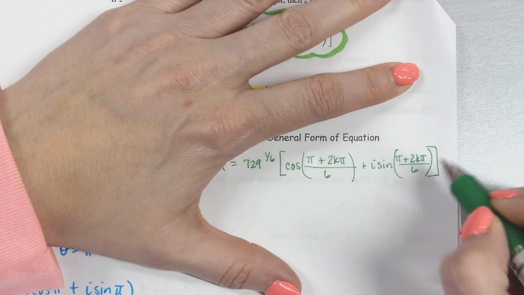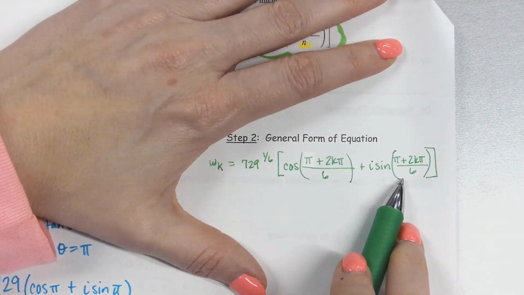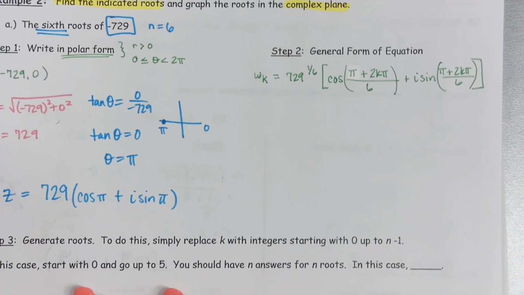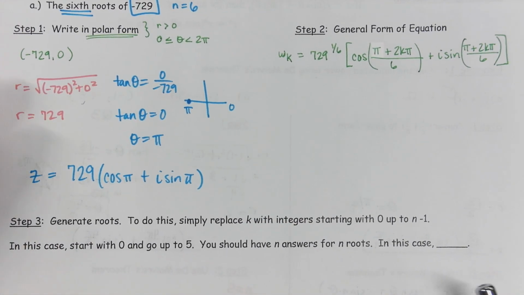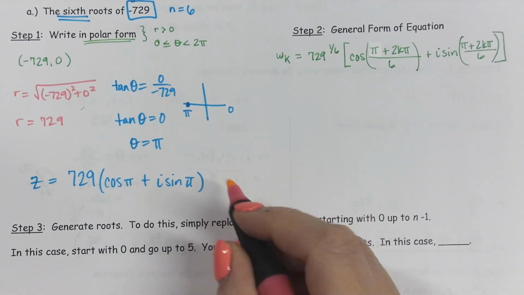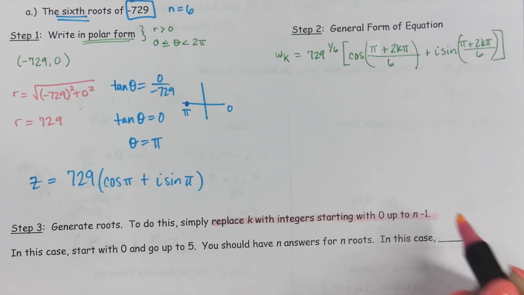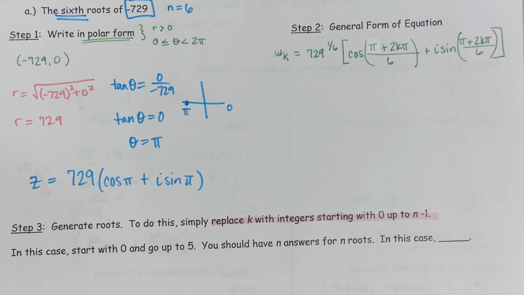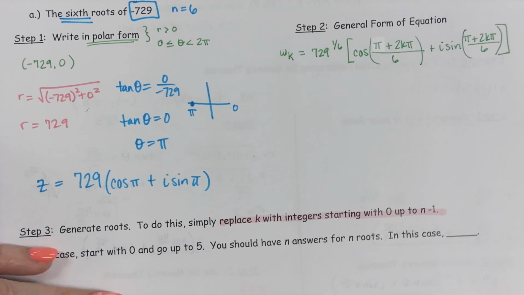Whatever we find for the cosine is going to be the same thing in the sine. When you are generating the roots, you are just going to replace k with the integers starting with 0 and going up to n minus 1. So if our n value is 6, you're going to start with 0 and go up to 5.